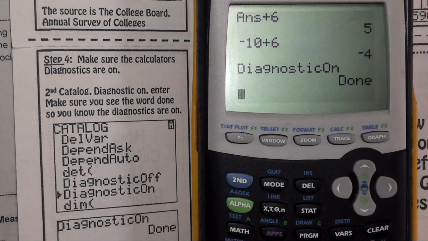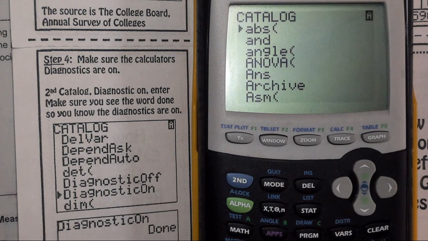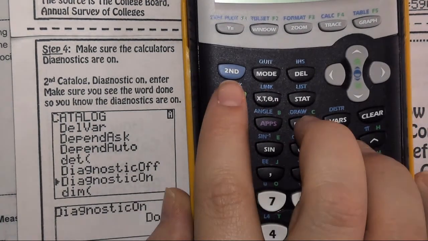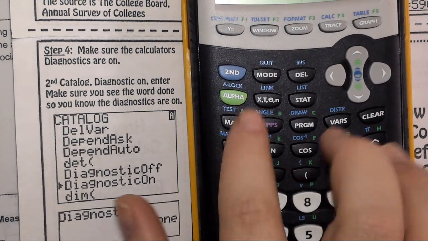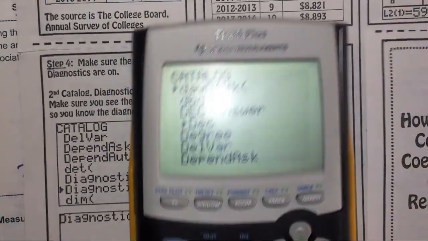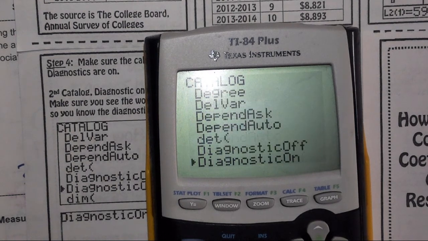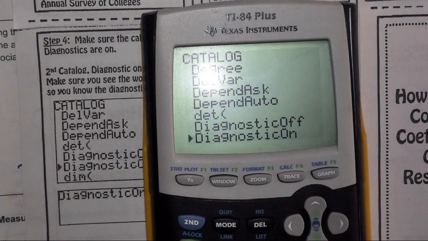Second catalog, then I went to the letter D. You can either scroll down or press alpha and then D to skip to D. And then I scroll down to diagnostics on, and I pressed enter.